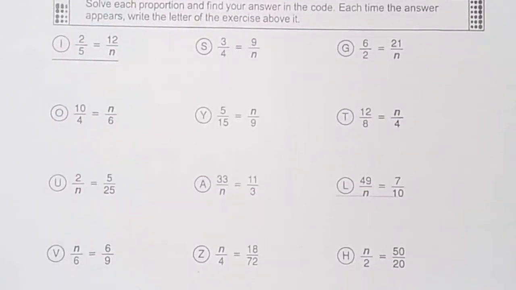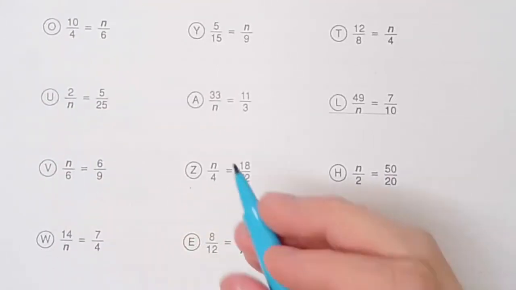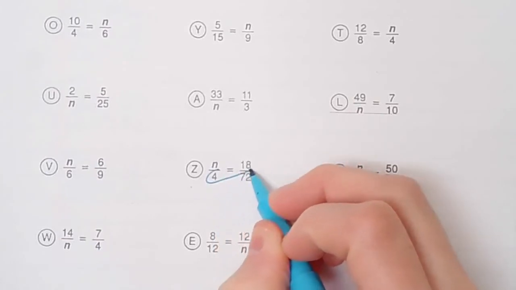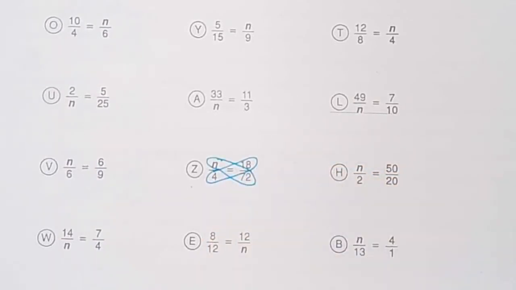Okay? So once again, remember, you're going to cross multiply. So I can't do n times 72, so I must be doing 4 times 18, which equals 72.